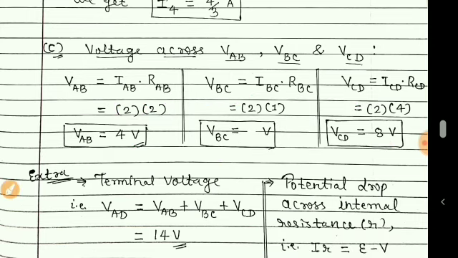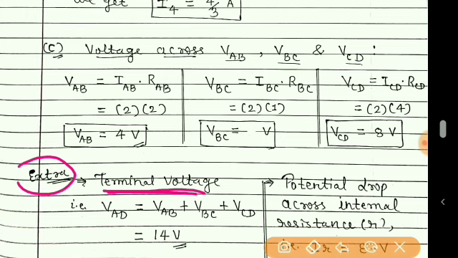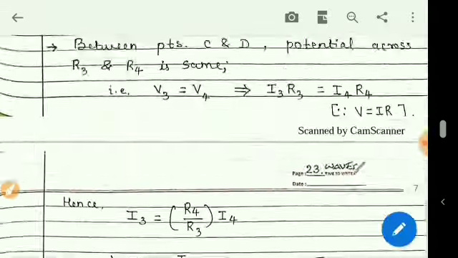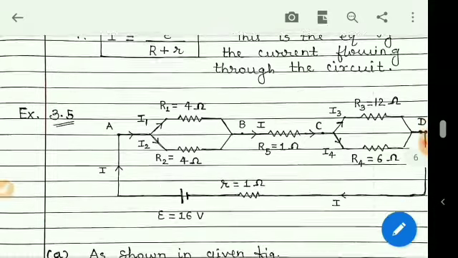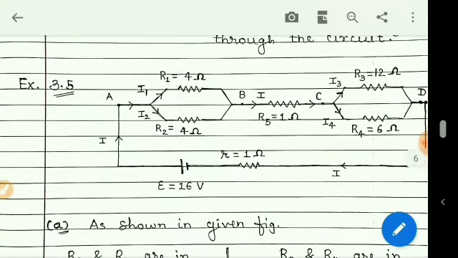And hence, finally we can say the terminal voltage. See, this is not asked, students, this is extra. Only this much is asked in the statement. But sometimes it may be asked what is the terminal voltage across points A and D. Terminal voltage is the voltage across these 2 points.